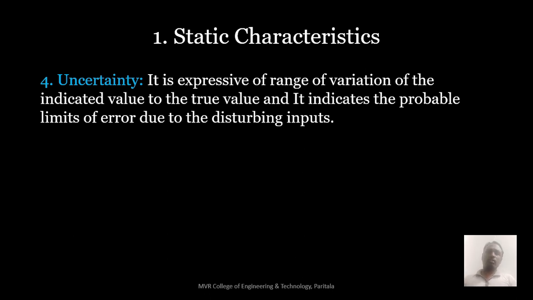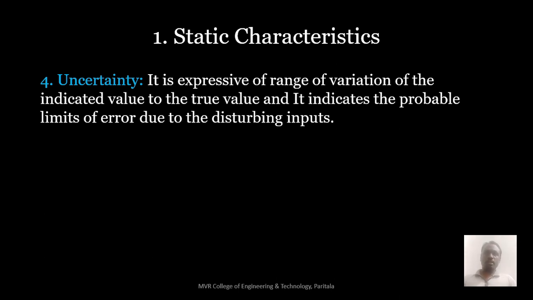So let us take a voltmeter. If you give some voltage to it, it needs to provide that voltage as an output. Even if the input is not changing, sometimes the output can vary, which is called uncertainty. Without changing any input, if the output sometimes varies, it is called uncertainty. Suppose you give 5 volts to the voltmeter, it has to show 5 volts.